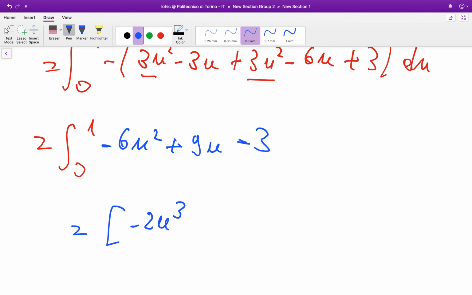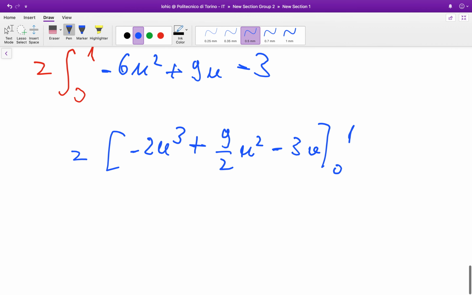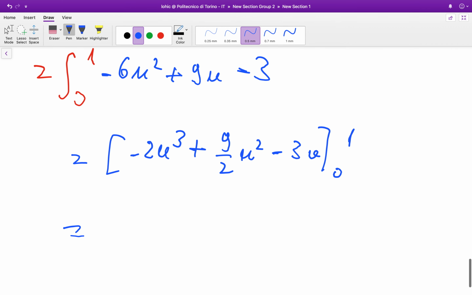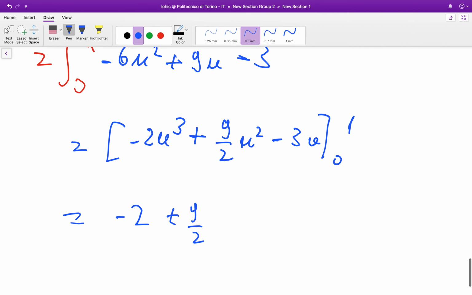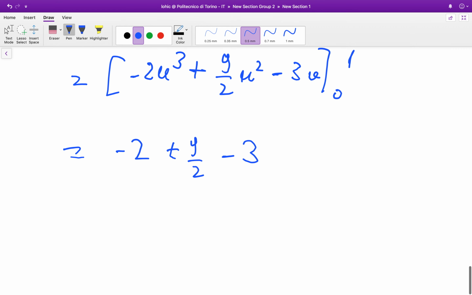Plus 9 over 2 u square minus 3u. So just evaluating it at 1, it will be minus 2 plus 9 over 2 minus 3.